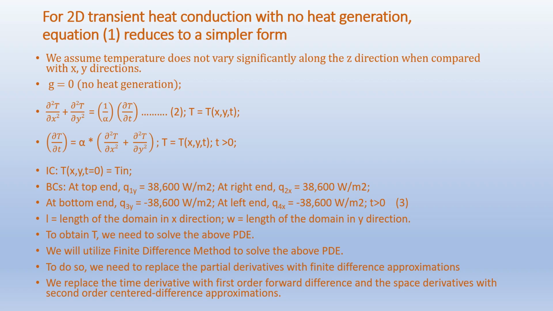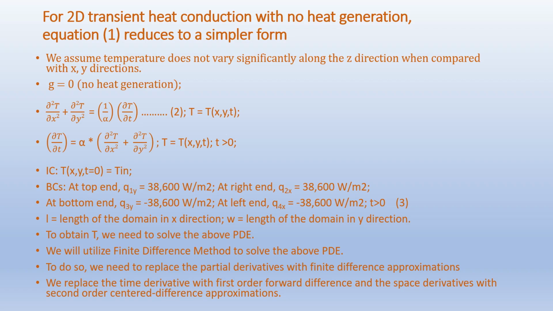at the top end, Q1y equals 38,600 watts per meter squared, where Q1y is the heat flux at the top side. Likewise, at the right side, at the bottom side and at the left side, Q2x equals Q3y equals Q4x. They're all the heat fluxes at these three sides, and they are given as 38,600 watts per meter squared.